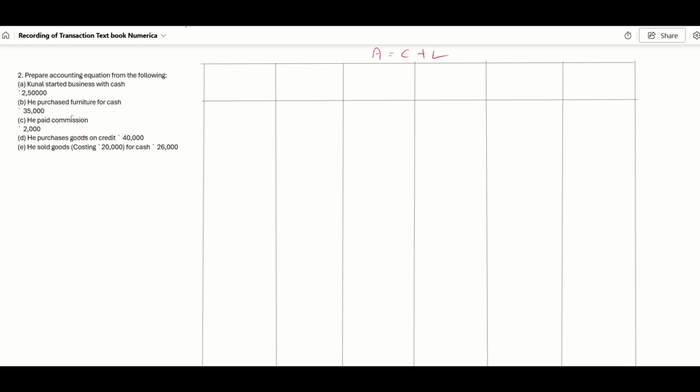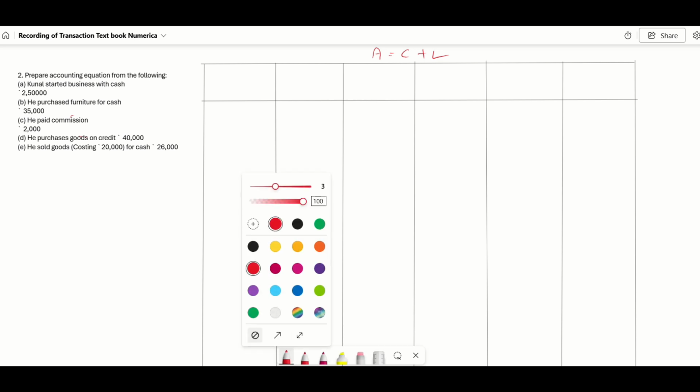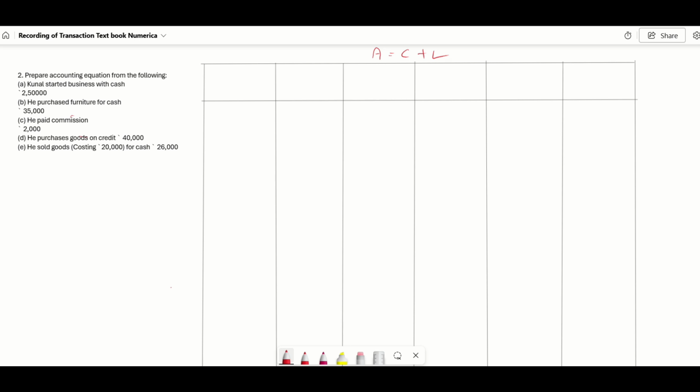Kunal started a business with cash of 2,50,000. So first it is cash that's going to come into the business. It comes in the form of capital, right?